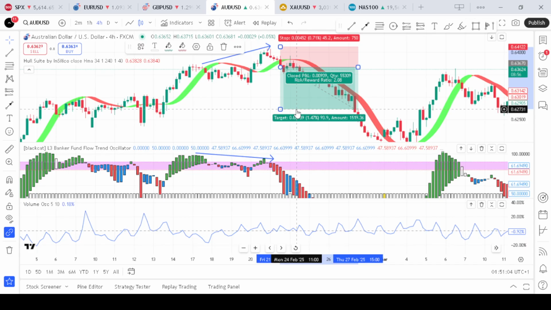The sixth step is to implement a time-based filter. By incorporating a time-based filter to avoid trading during potentially volatile or illiquid market conditions, you have to focus on trading during the most active forex trading hours, typically when major financial market centers are open, typically the London session or the New York session.